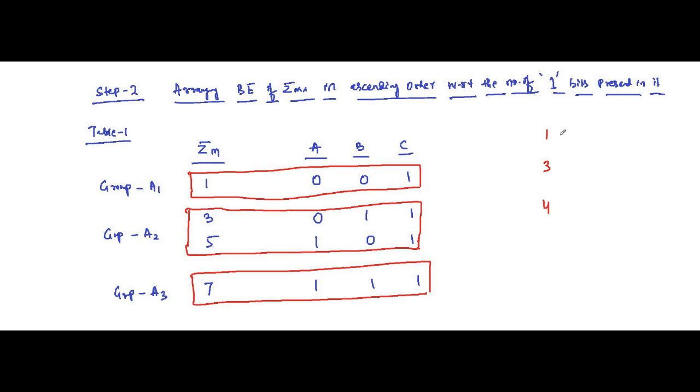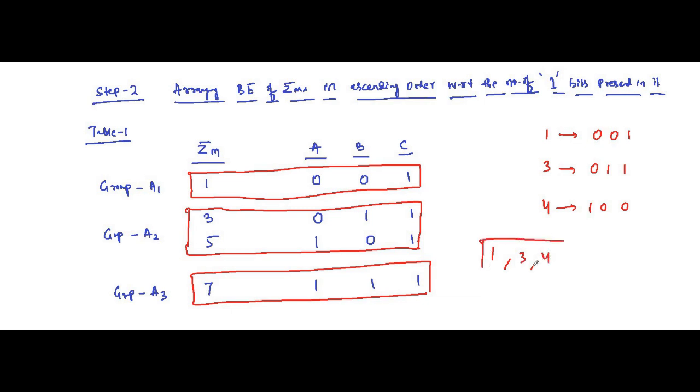Their binary equivalents are 0 0 1 for 1, 0 1 1 for 3, and 1 0 0 for 4. If we arrange them in ascending order in terms of their magnitude, it will be first 1, then 3, then 4.